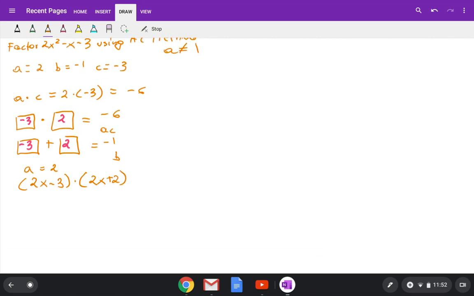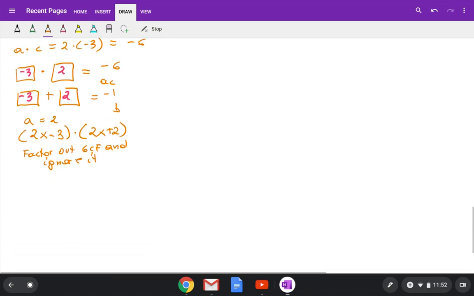Now, since A is not equal to 1, you have to factor out the GCF from each factor and ignore it. That's the algorithm which you were taught. So 2x minus 3 is prime. No GCF. Or you can say that GCF is equal to 1. So we're going to keep it. Okay. Now 2x plus 2.